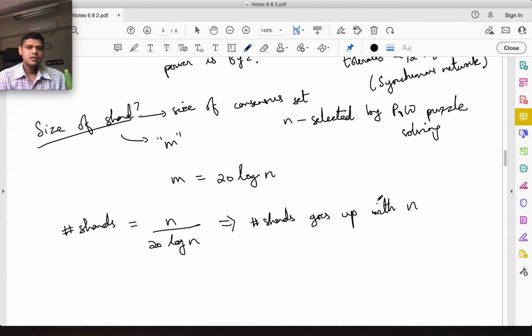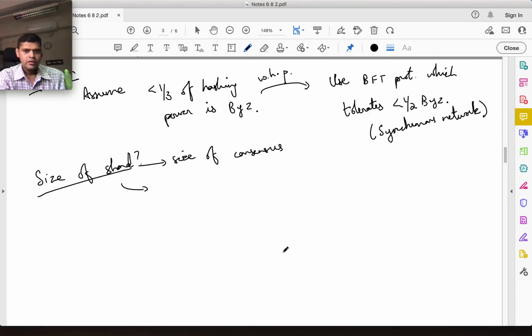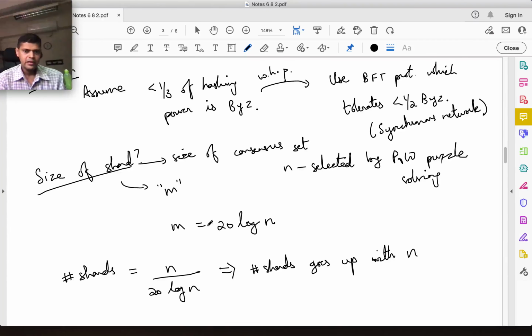Right, so this is an interesting thing, and so you might say, what if lots of people are joining the system, and suppose we keep the POW puzzle threshold the same, right? Then if more and more people are joining and doing hashing, effectively you're going to have more and more shards, and that's going to scale up the throughput of the system. Okay, so we don't have to worry about having a very large set for doing BFT, because we are only looking at log n of the nodes being selected.